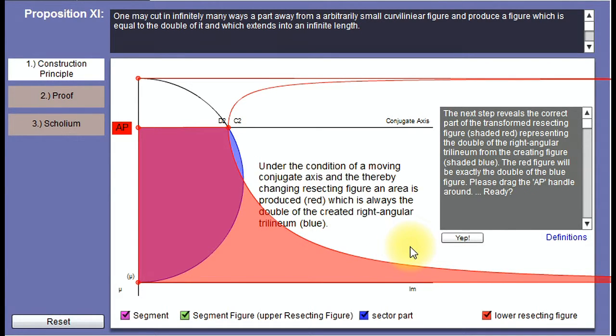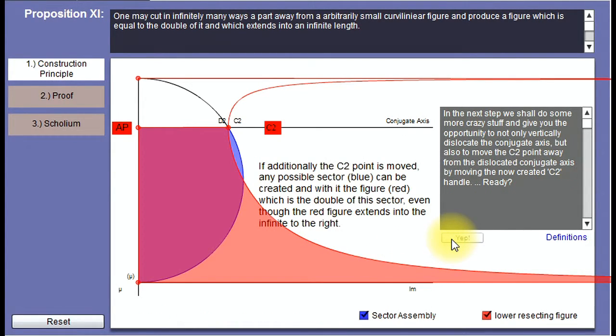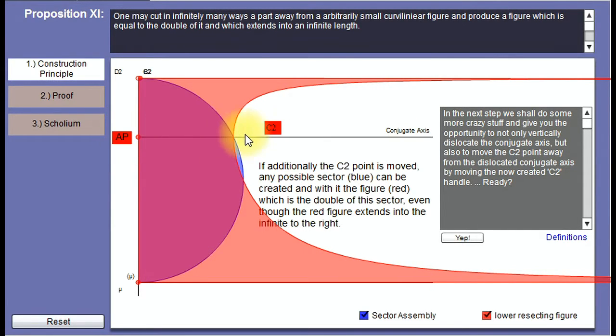And then we can take another step. We could be interested in knowing what happens when I, so to speak, remove the C2 point here, when I move it away from the conjugate axis. What is going to happen then to my area?